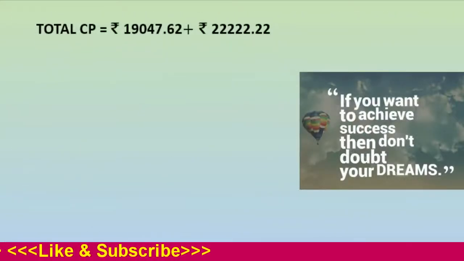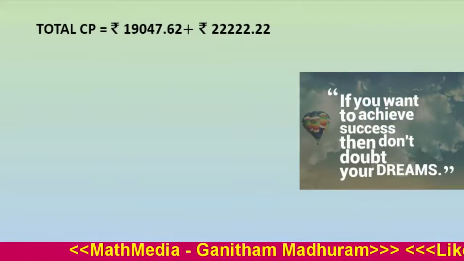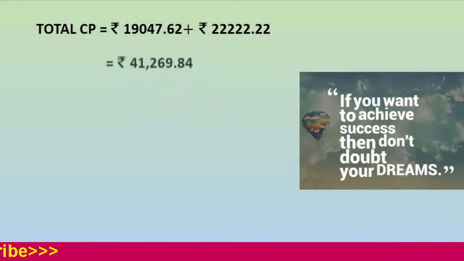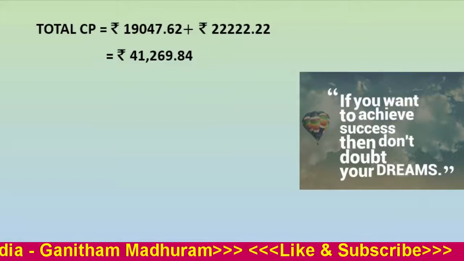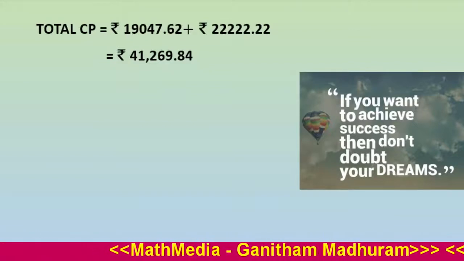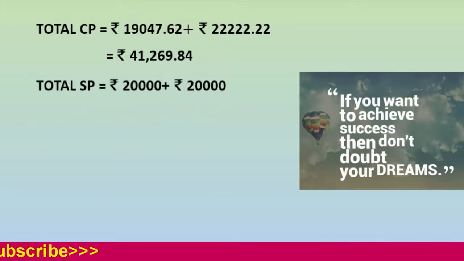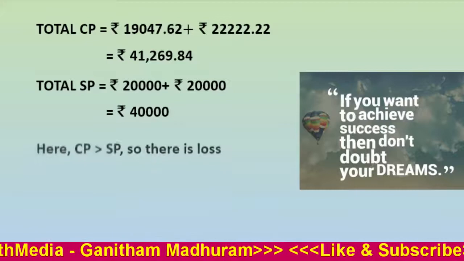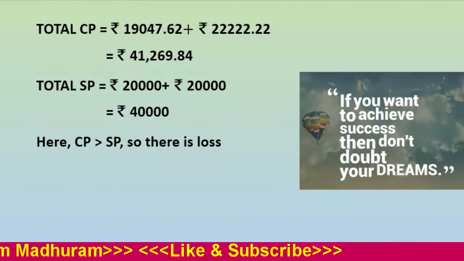Now we can find total CP. We have found the CP of each one, so we can add that. You will get a total CP as rupees 41,269.84. And what about our total SP? Yes, it is rupees 40,000. Here CP is greater than SP, so there is loss.